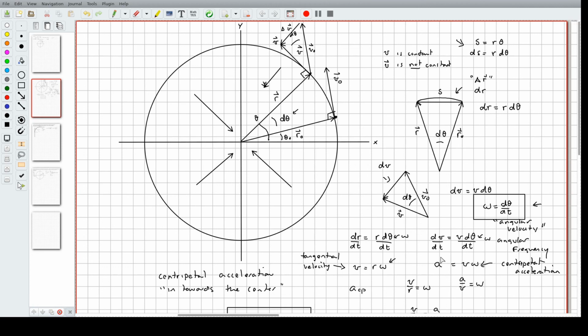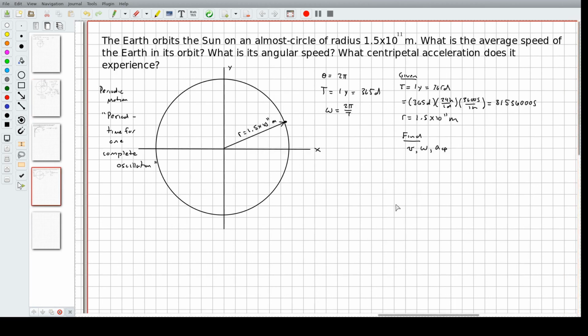But the way our centripetal acceleration is being expressed, and the way our tangential velocity is being expressed, it depends upon omega. So I propose that we use those forms. We know v is r omega, and we know a sub cp is v omega.